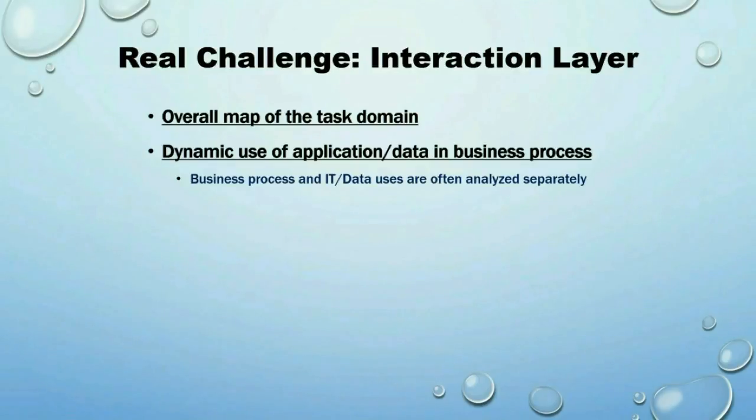But actually, I really suggest that we should know they're interlocking at the operational level. That means real time: who, while doing what work, will use what application, in what order, and what interactions they may have with various data stores.